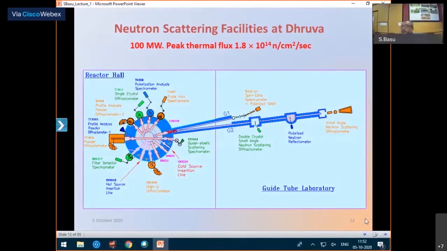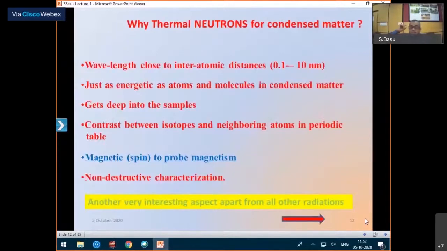So again, back to thermal neutrons, let me emphasize, wavelength is close to interatomic distance, as I told earlier, just as energetic as atoms and molecules in condensed matter.